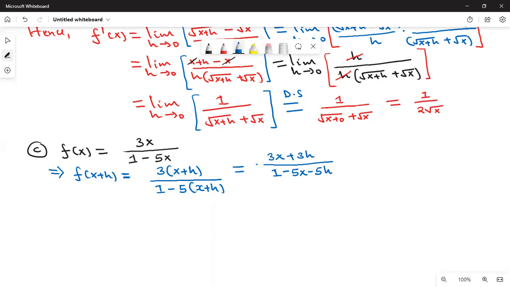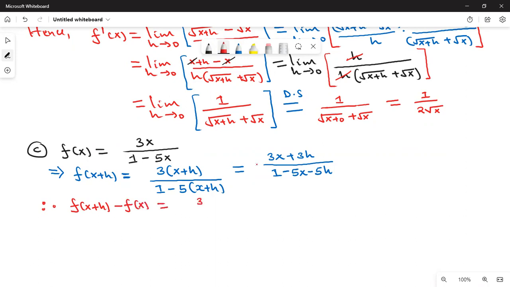Now we need to subtract f of x from f of x plus h. So you can say that, therefore, f of x plus h minus f of x. What will that give us?